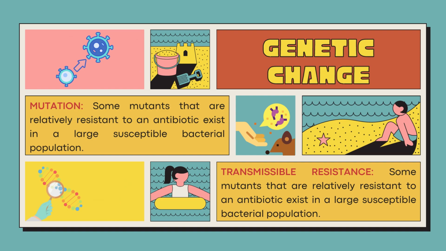Under microbial resistance, there is also genetic change, which involves one or more of the following mechanisms, such as mutation and transmissible resistance. Mutation occurs when some mutants that are relatively resistant to an antibiotic exist in a large susceptible bacterial population. This is due to a sudden change in the chromosomes of such bacteria.